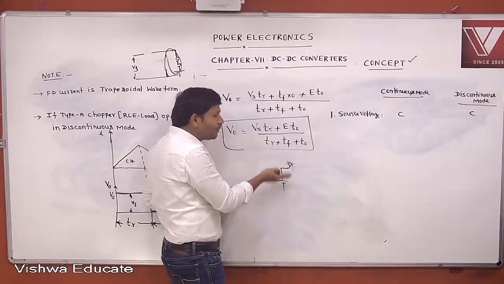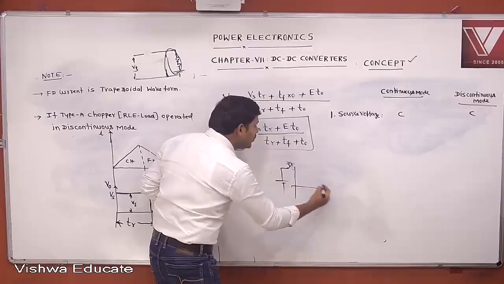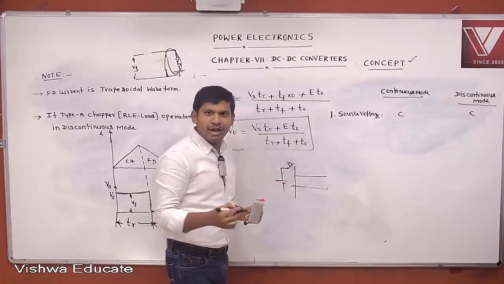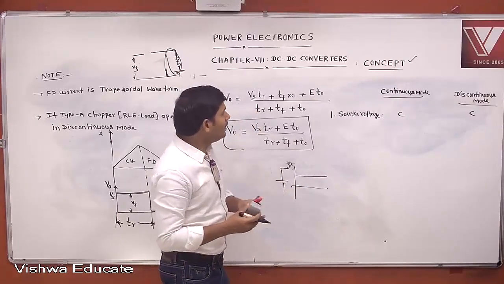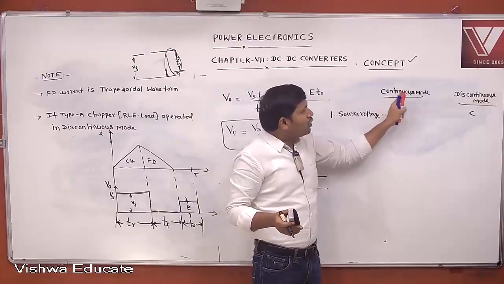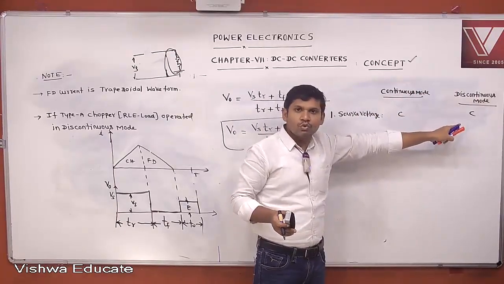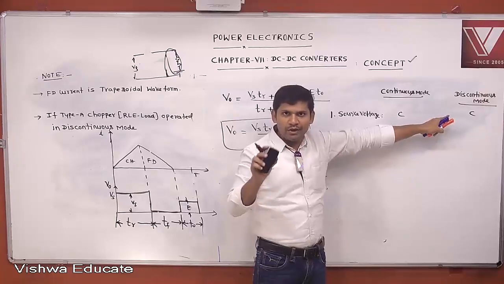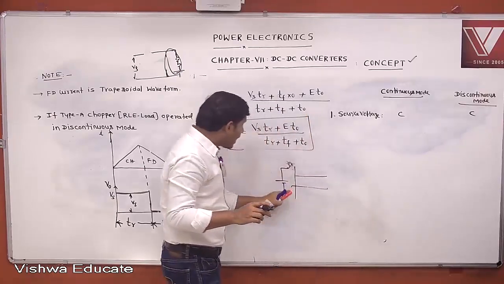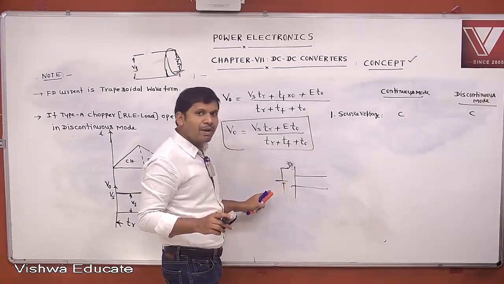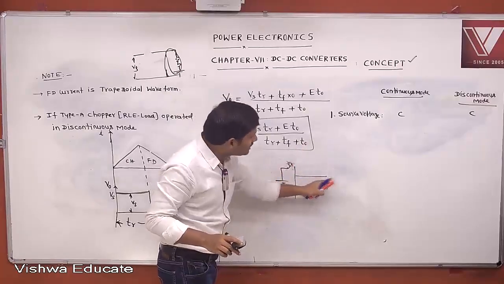Supply is always present. That's why always input voltage is constant, because we are operating from DC. That's why it may be continuous mode or discontinuous mode, source voltage is always constant. Point to remember: because we are not switching off the supply, always supply is connected, that's why DC voltage is constant.